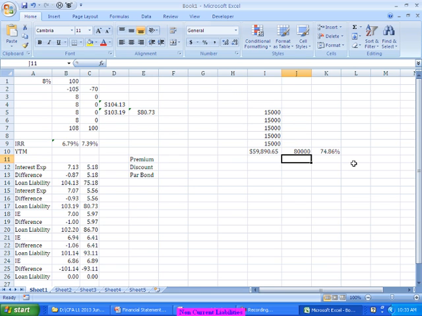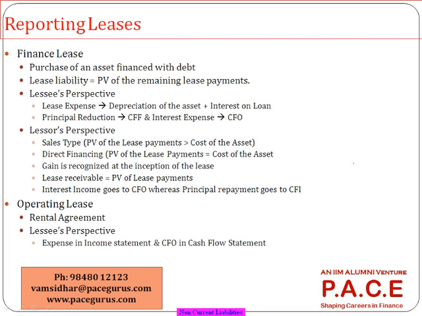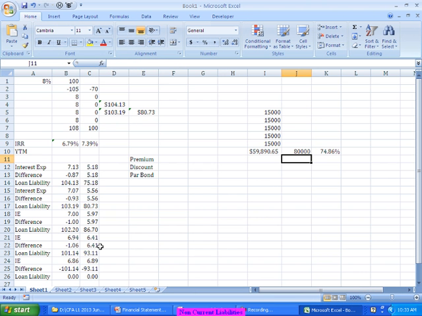So what happens from a lessee standpoint? It comes as an expense in the P&L statement. You see, an operating lease is a rental agreement basically. So the expense is shown. Let's say I sign an agreement with my owner saying you pay 15,000 per year for the next 5 years, and I'll give you this building on rent.